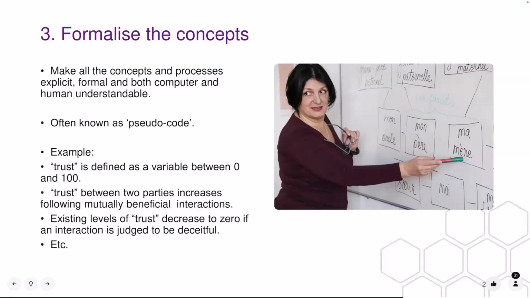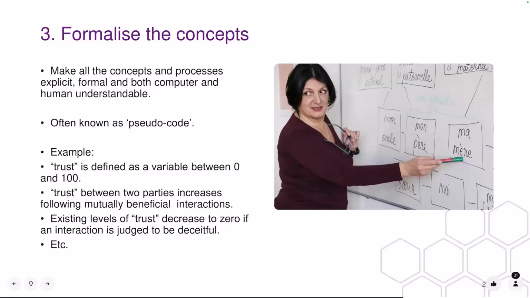You'll need to make rules about how that variable will change in certain situations. Maybe if two parties interact positively, trust increases, but then given a negative interaction where one of those parties is judged to be deceitful, levels of trust decline or then reset to 0. So what I mean by this is you want to start thinking about how to formalize concepts in your research question so that a computer would be able to interpret it.